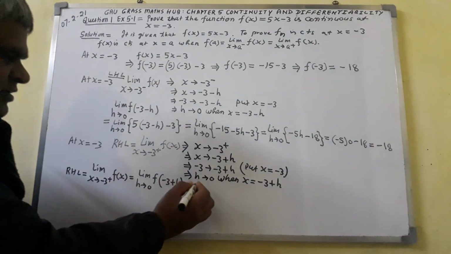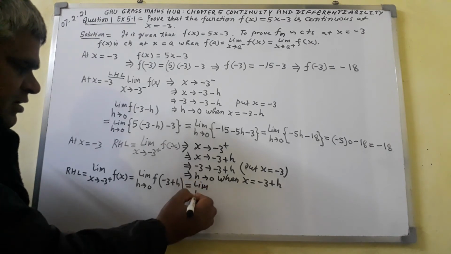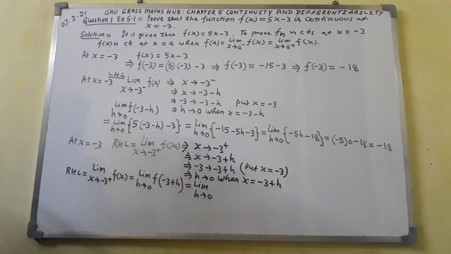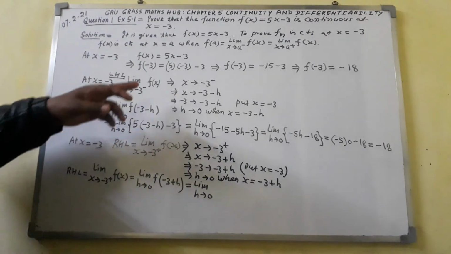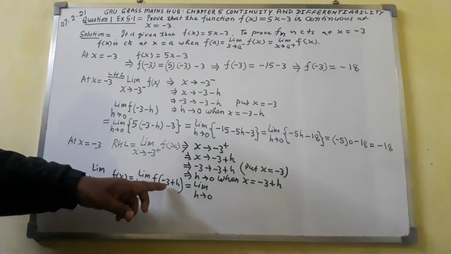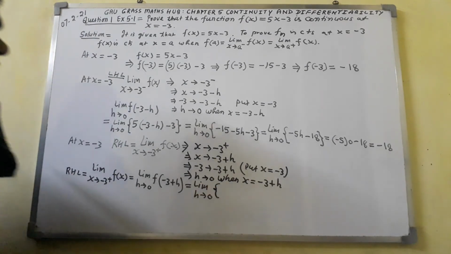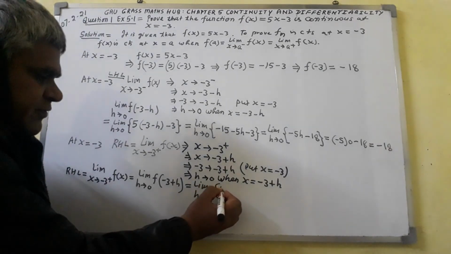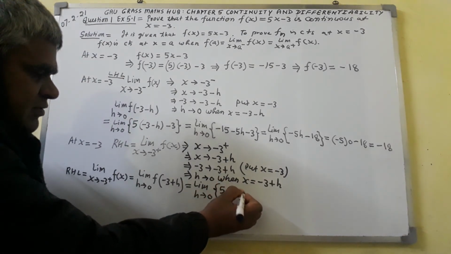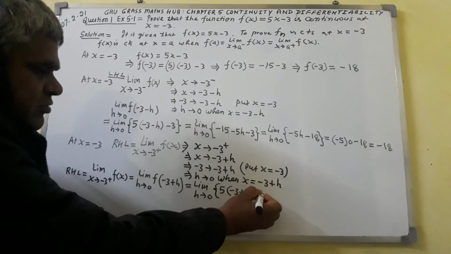So here write lim h tends 0, and in place of x I shall write minus 3 plus h. So here I shall open curly bracket and write here 5 in small bracket minus 3 plus h. Curly bracket close, you will get here minus 3.